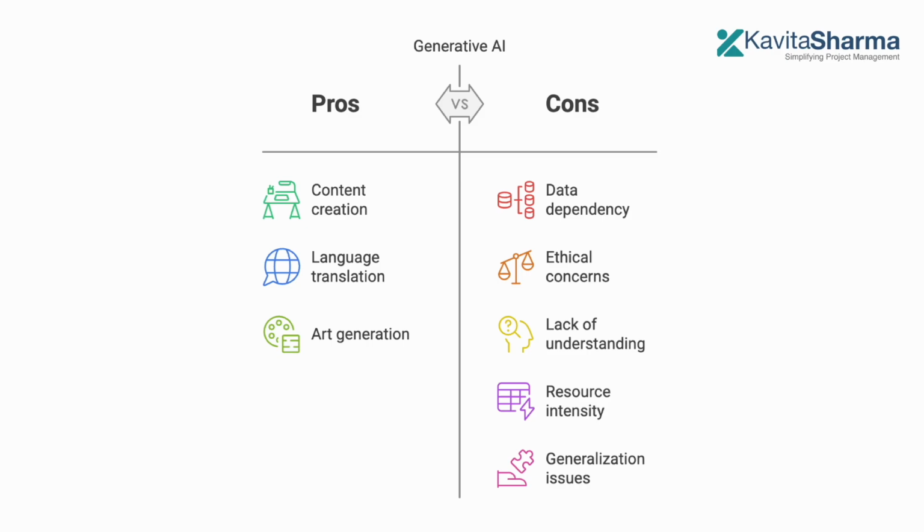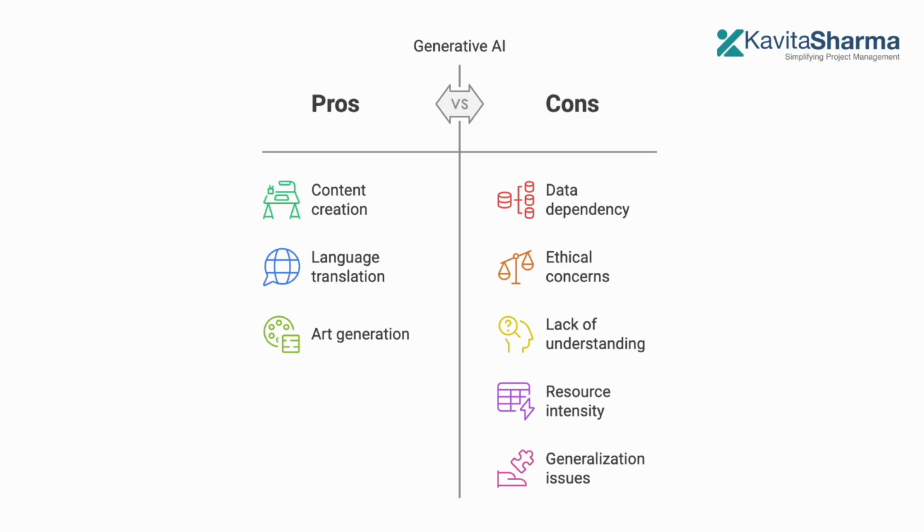Content is created, language translation can happen, art generation can happen. However, the data dependency is an issue. The output is as good as the input. It cannot think as of today. It can copy and paste data from different places, so there are ethical concerns.